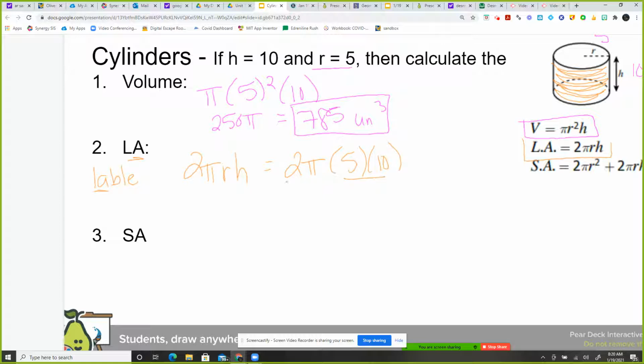So I can multiply all of those numbers super easily. That's just going to be 100 pi, or 314 units squared. Easy enough?